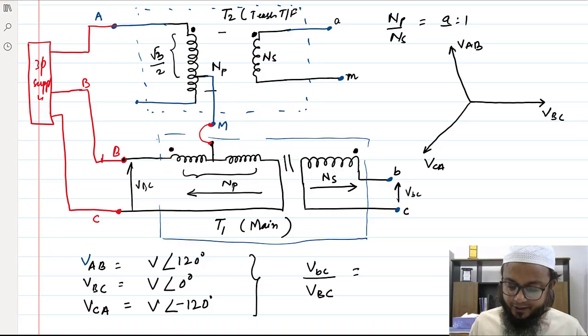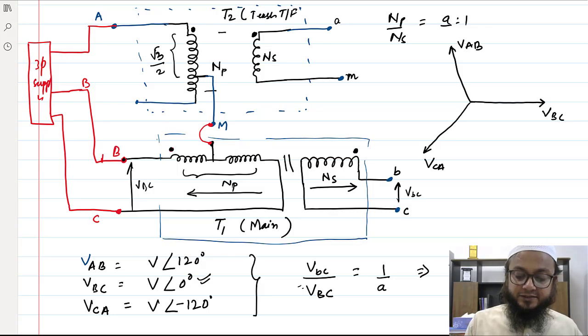As per the turn ratio, this voltage will appear here. So this is 1 by A, and this implies VBC is V at an angle 0 upon A. This one I will put here for VBC. So this is the voltage which is appearing here.